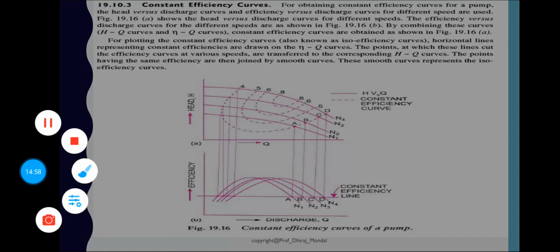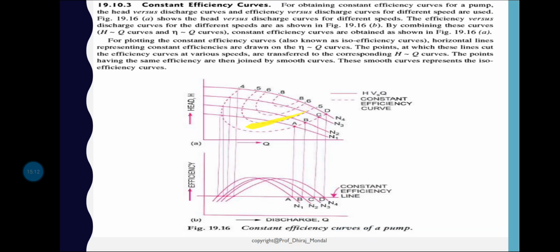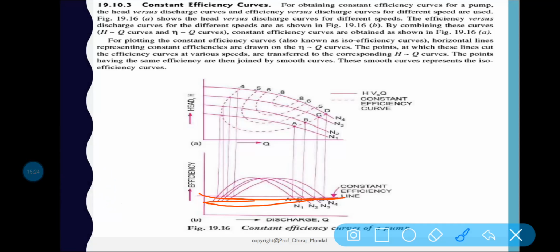Here you can see this is your constant efficiency line, and here is your head versus discharge, and the constant efficiency curve is this dotted line. The continuous horizontal line is your constant efficiency line.